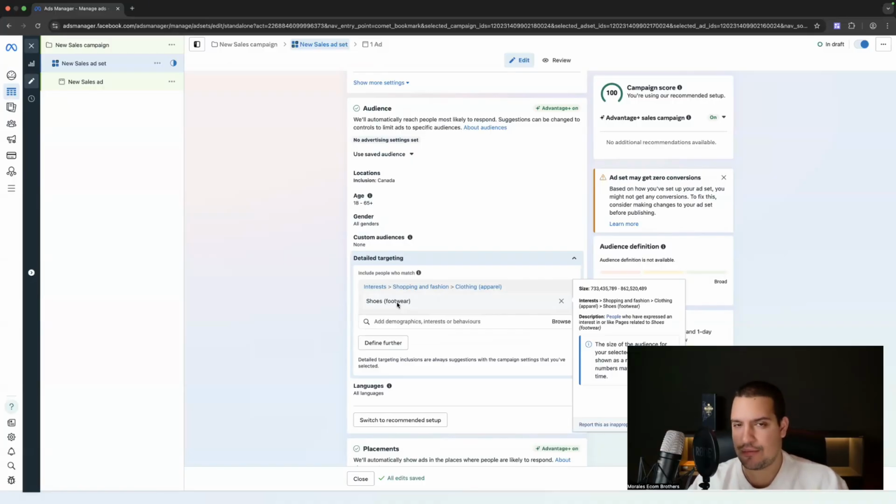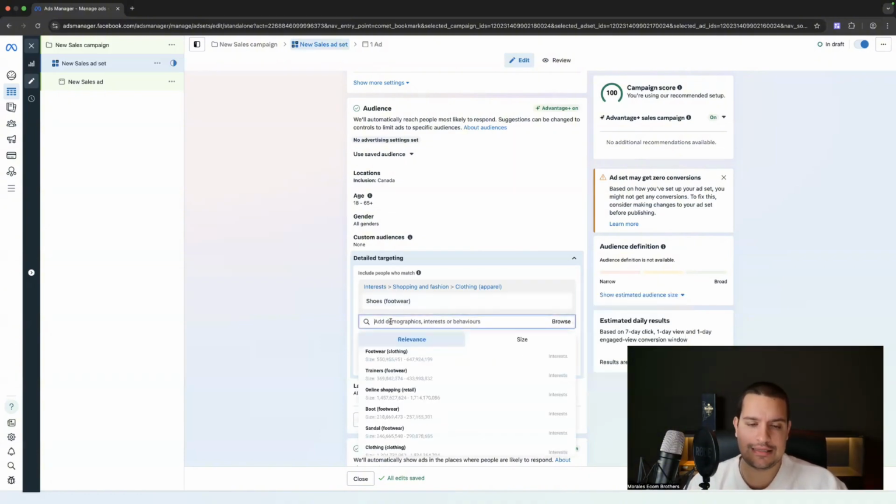That's the first way. After that, I try to scale my product a little bit. Then what do I do? Well, sometimes interests alone work well at the beginning, but they start fading away. So I stack the best ones.